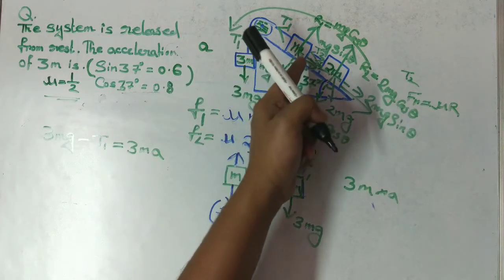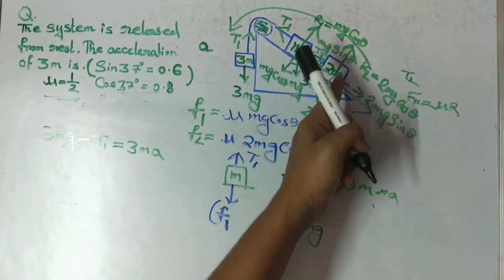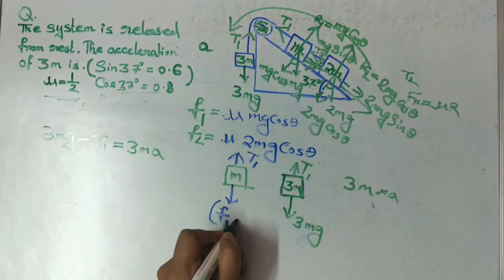Here you see m is pulled by 2m, T2, right?